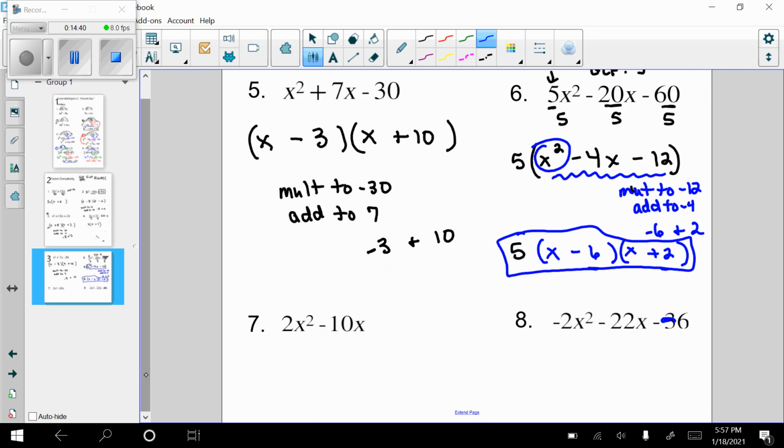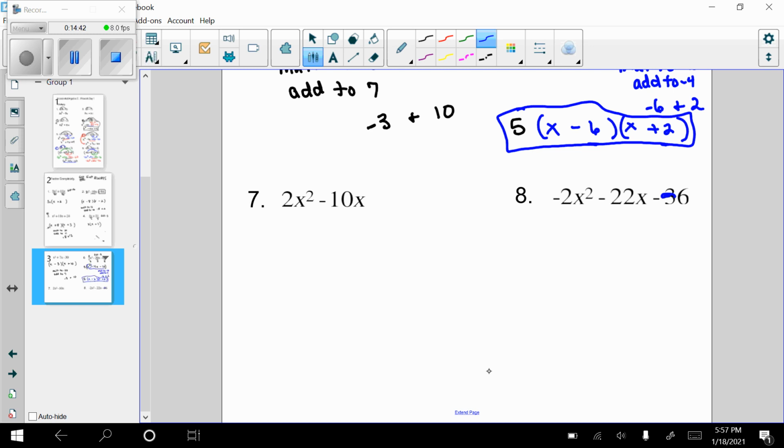Okay, so this one is just a binomial. There's only 2 terms, 2x squared and negative 10x. So here I always look for my greatest common factor first. So I can pull a 2 out of the 2 and the 10. And then for x and x squared, I can pull out my greatest common factor of 2x.